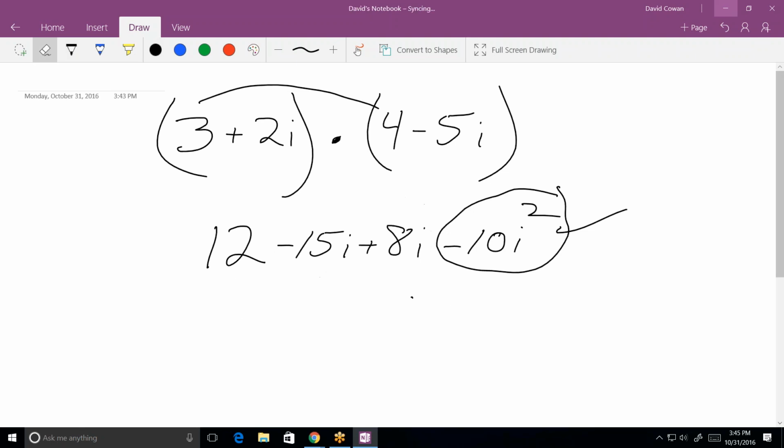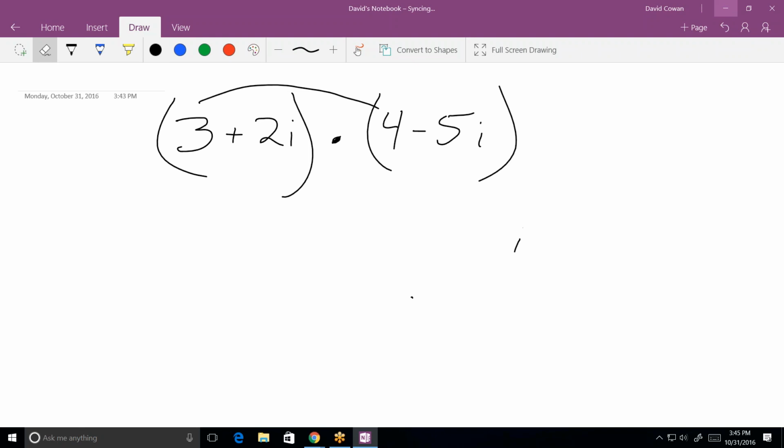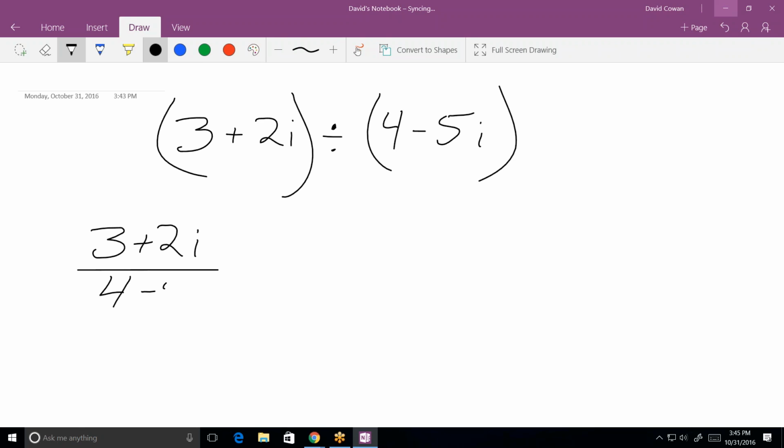Now, there's one last process that's not so obvious or easy, and that's division. In other words, 3 plus 2i divided by 4 minus 5i. We're not actually going to do division. What we're going to do is make the denominator a real number.